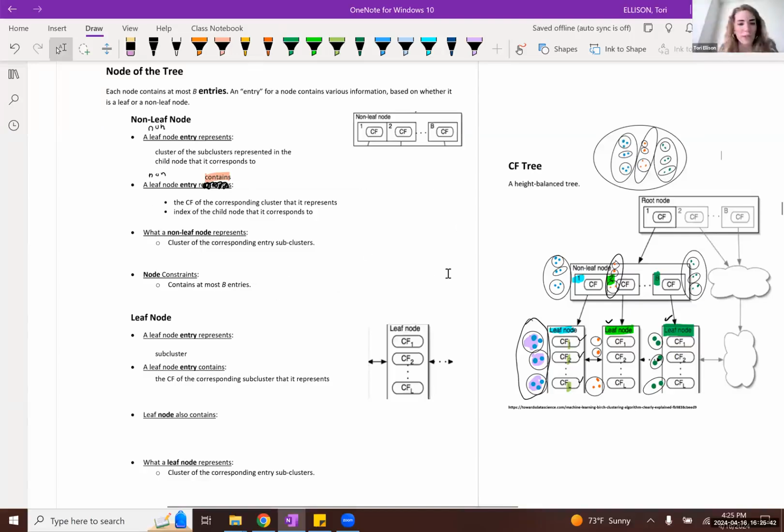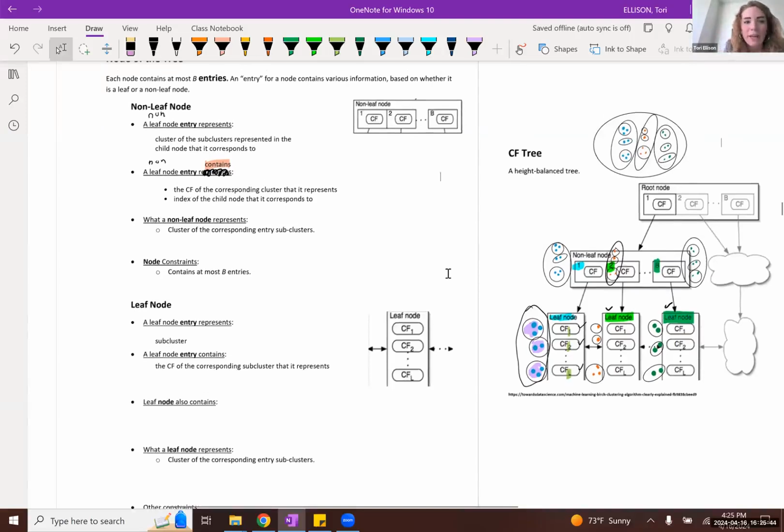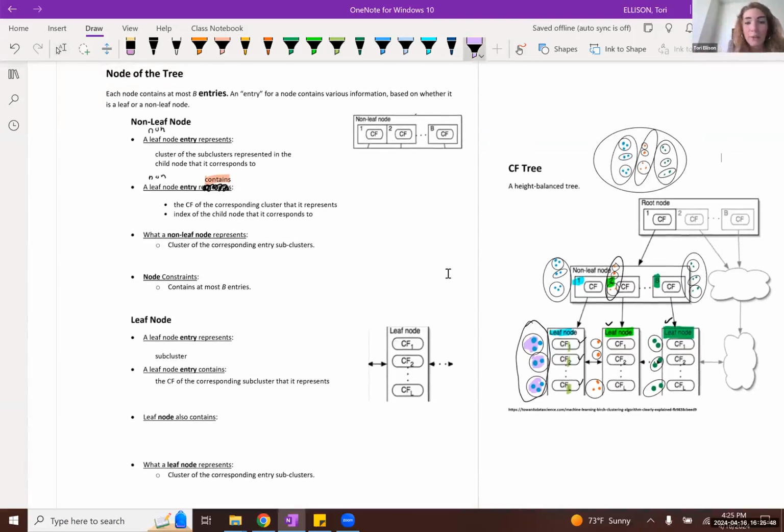And then the final stipulation is that a non-leaf node is allowed to contain at most B entries.